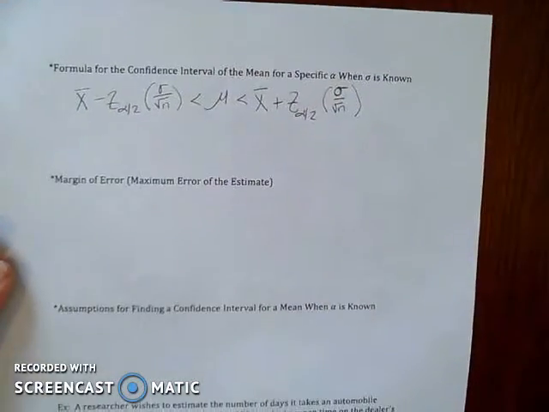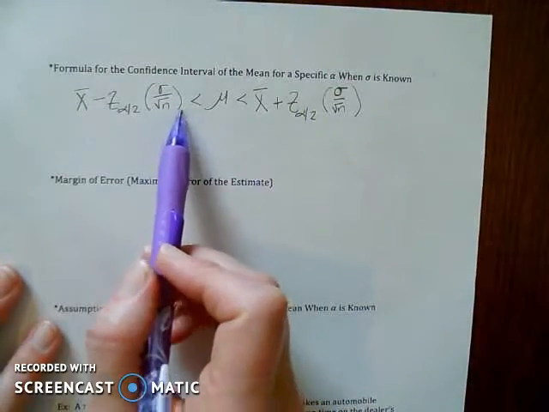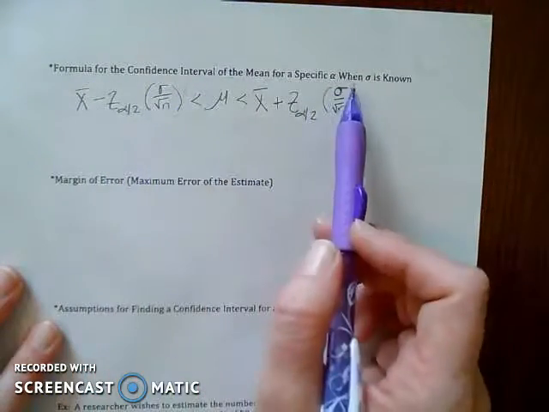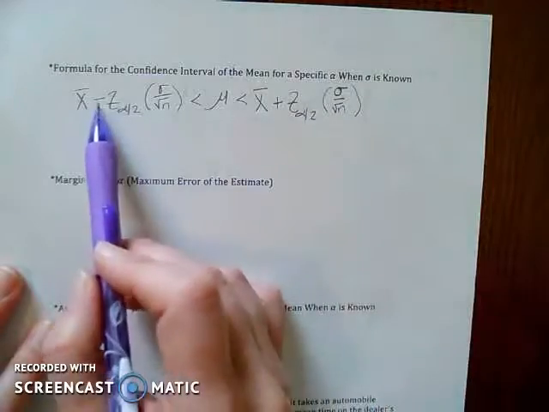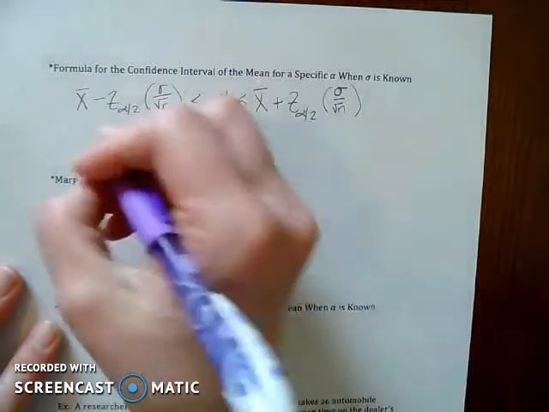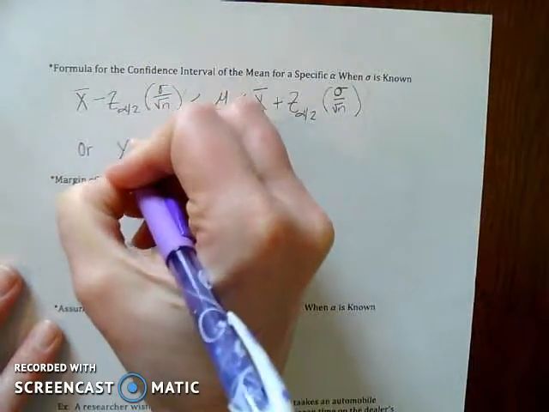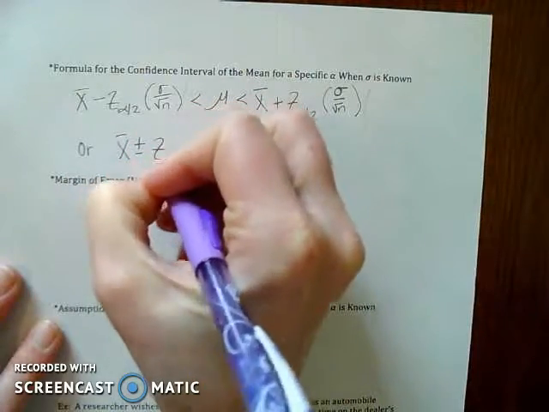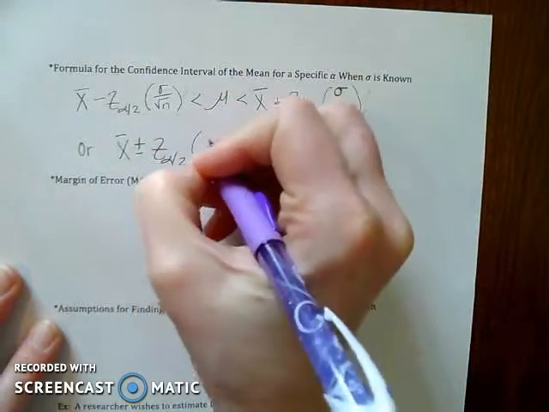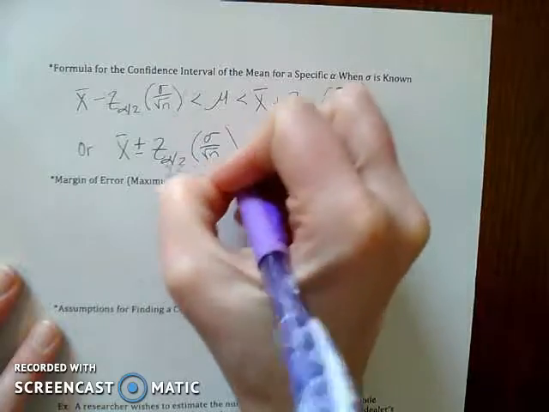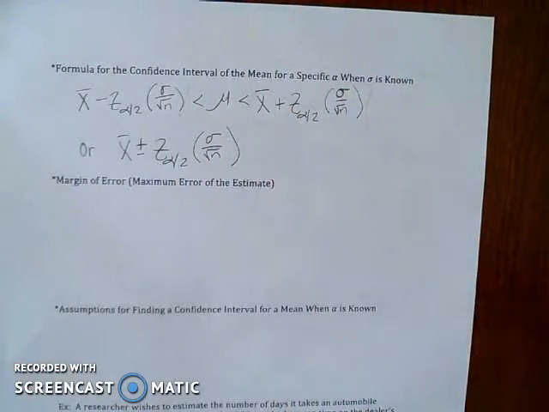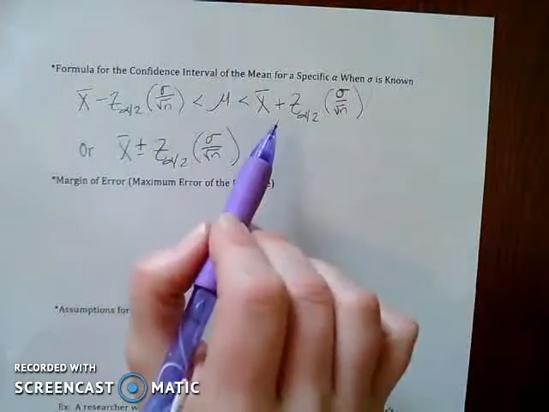Okay, so it's a really long thing, but if you notice, this part right here is the same as this right here, only this has a minus and this has a plus. So what some people do is they write it like this. Then you have to write it as an inequality.